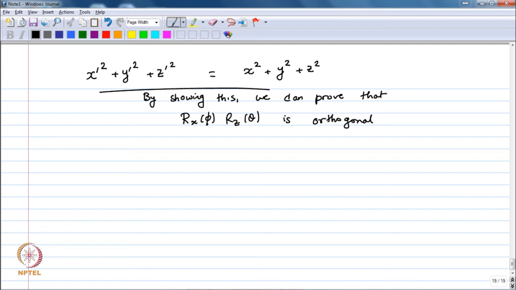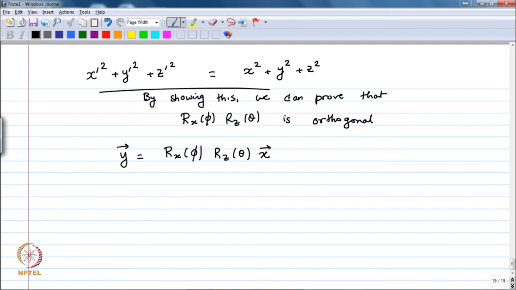Another way to show this is to look at y equal to r x of phi r z of theta times the vector x. Okay. So, if you take a vector x and operate on it by r z of theta and by r x of phi, I just call the corresponding vector y. Okay.